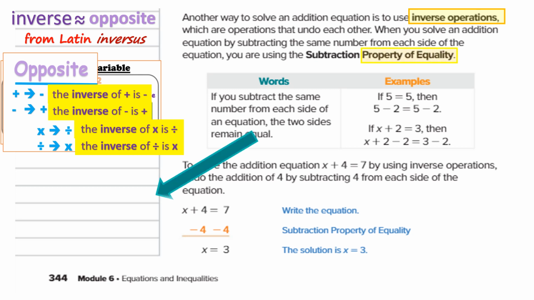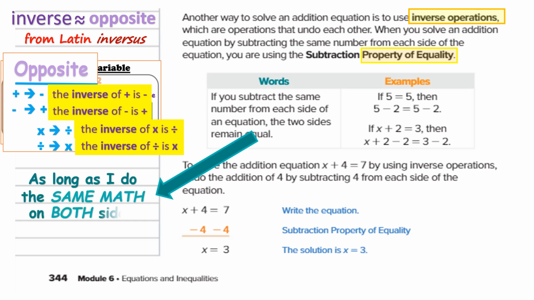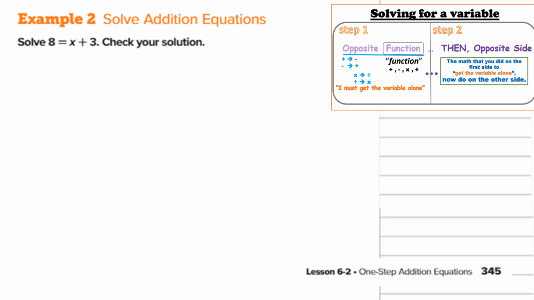If we can do the opposite function, then we are good to go. Right? So as long as the same math is done on both sides, that's what gives us our property of equality. I'm doing the same thing. I'm doing the equal same math on each side that will allow us to cancel the stuff out. So when I'm given the math problems, then this is where I don't have to create my math problems.